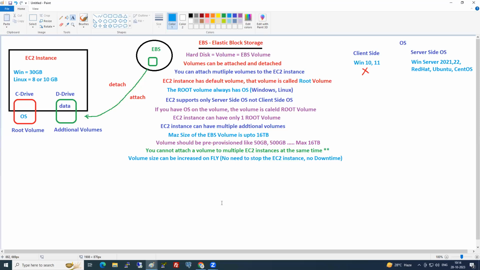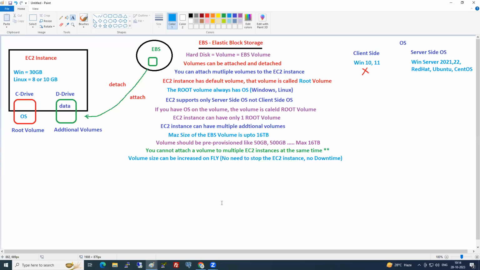Volume size cannot be decreased. Only increase, cannot be decreased. If you created 500 GB, delete it and then recreate it. If you ask, sir, what if I have data inside it? Copy the data to some other drive, delete that volume and recreate it with 50 GB.